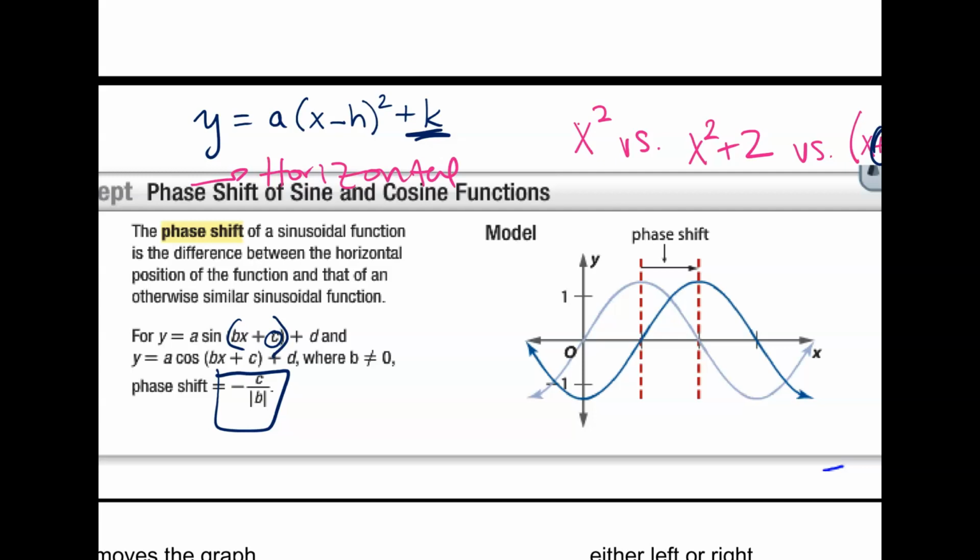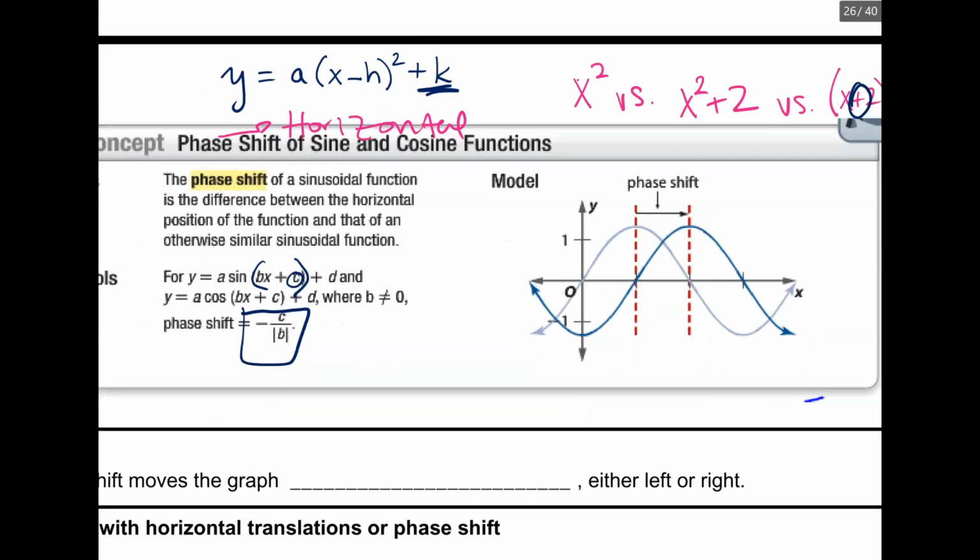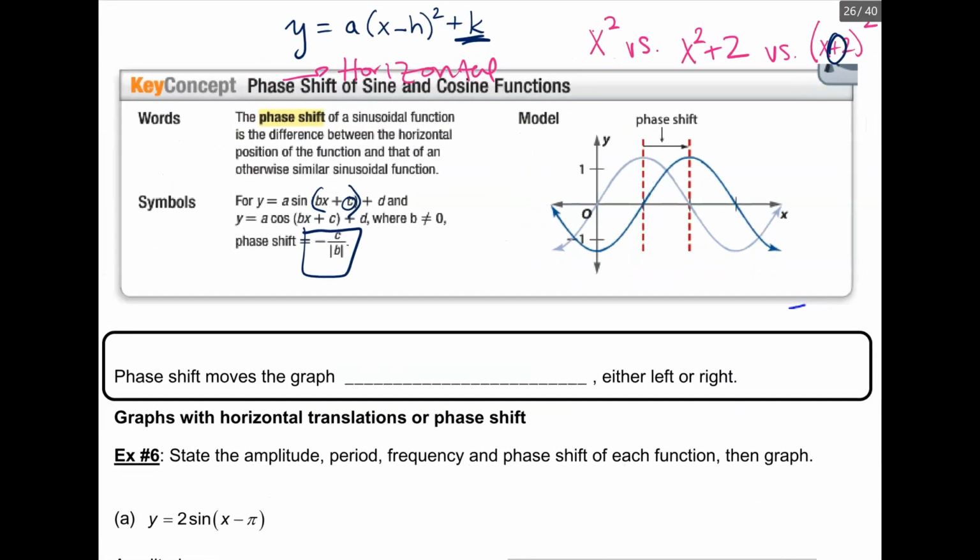That's horizontal, and if it's outside, tacked on the end, that's the vertical. A phase shift moves the graph horizontally, either left or right.